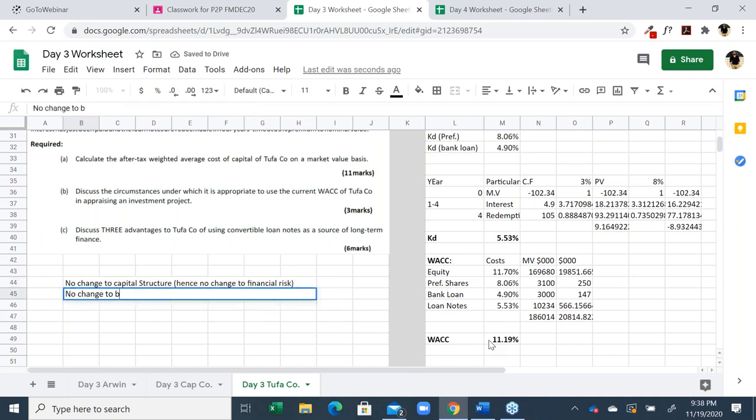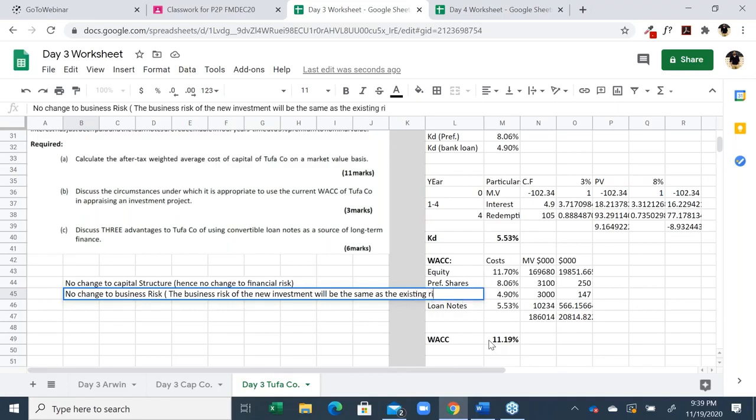No change to business risk, that is the business risk of the new investment will be the same as the existing risk of the company.